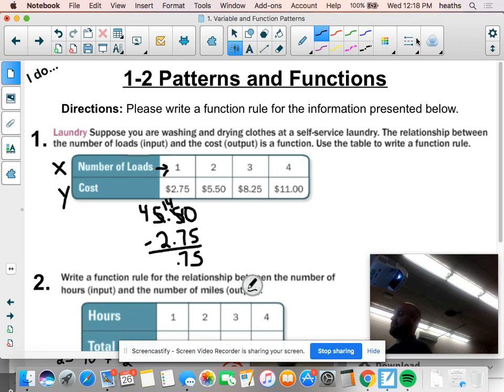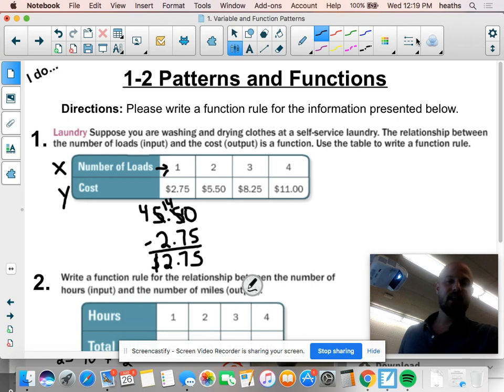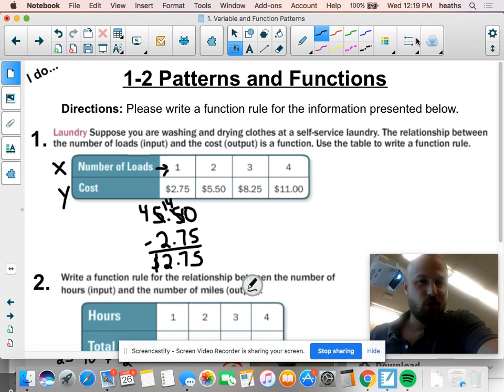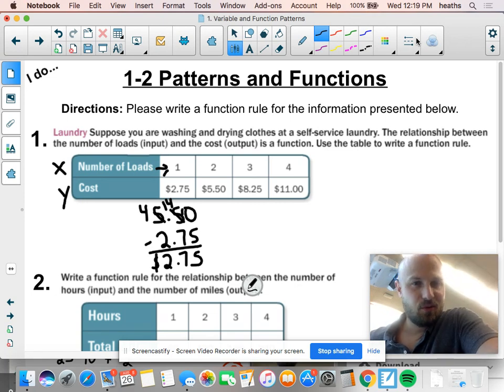And then 4 minus 2 is 2, so 275. Okay, so that little quick bit of math helped me to realize that to go from $2.75 with 1 load to $5.50 with 2 loads is jumping up $2.75.